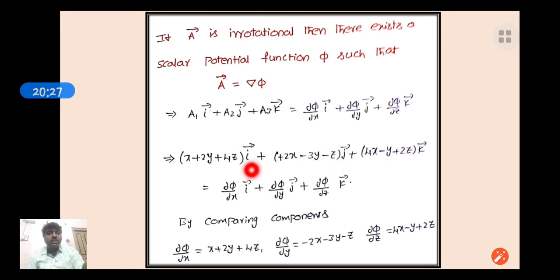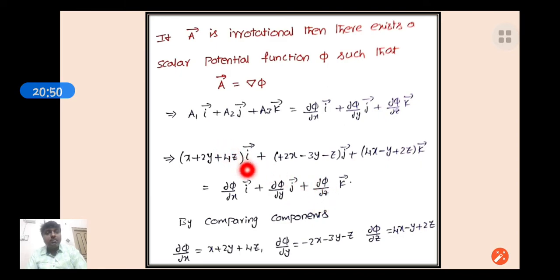Now I am writing a bar here once again, (x plus 2y plus 4z) i bar plus (2x minus 3y minus z) j bar plus (4x minus y plus 2z) k bar, that is equal to del phi by definition: dou phi by dou x i bar plus dou phi by dou y j bar plus dou phi by dou z k bar.